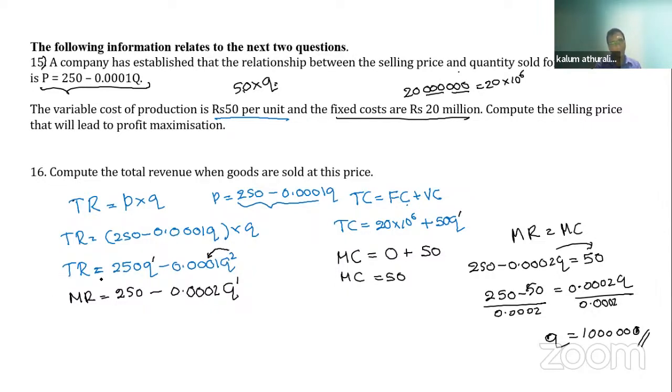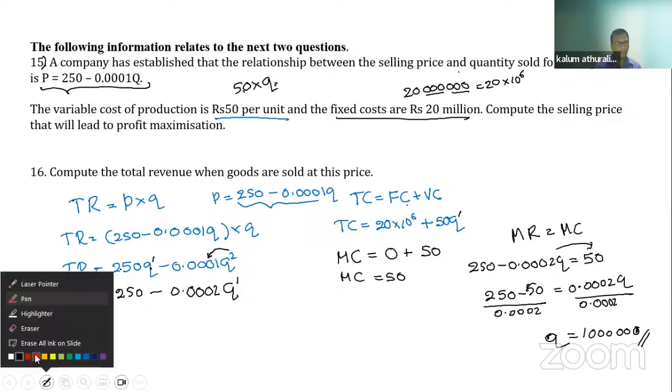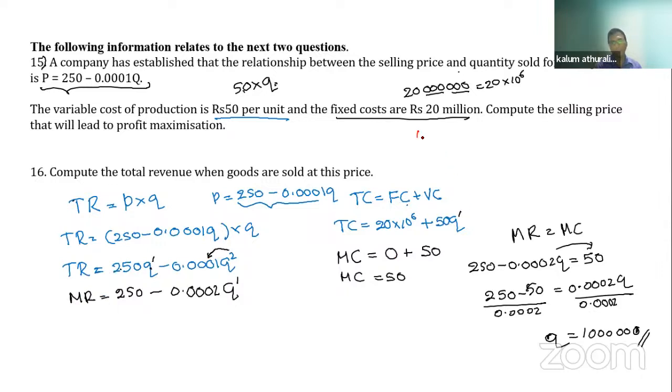Then if you take TR and differentiate it, how to differentiate this 50Q? In the theory of differentiation, y equals x to the power n. The differential coefficient we write as dy by dx.